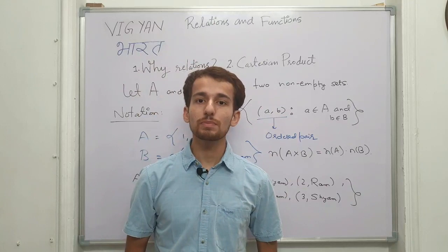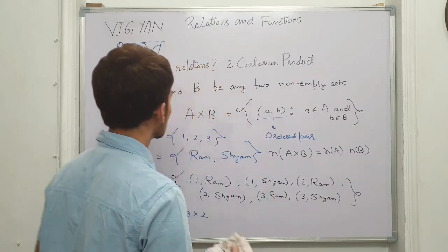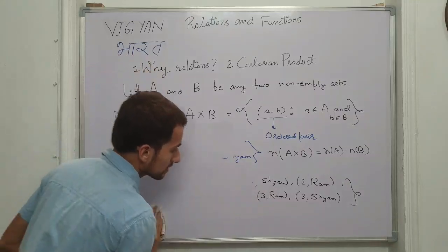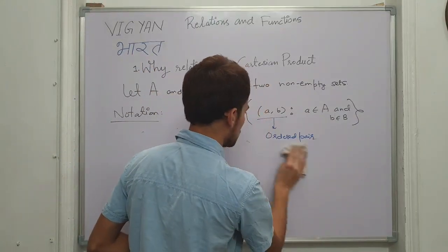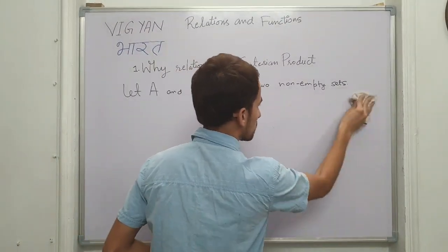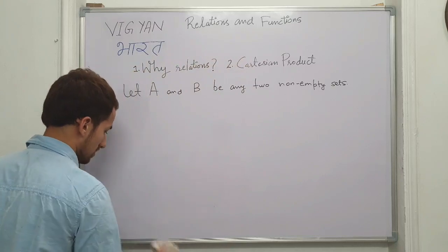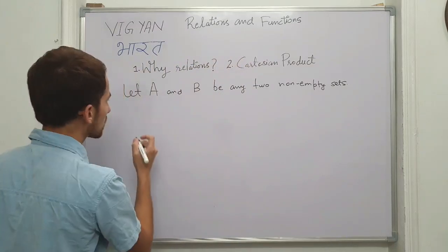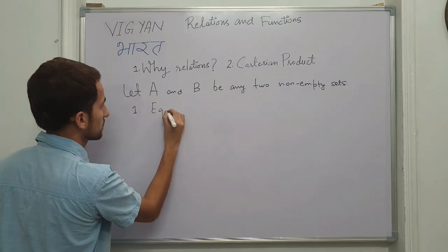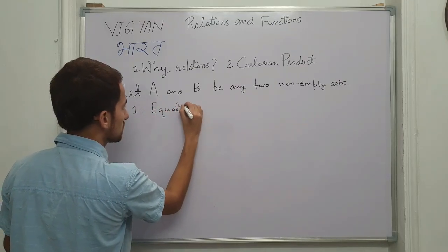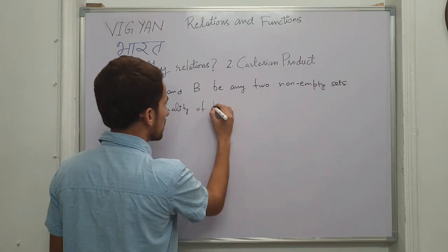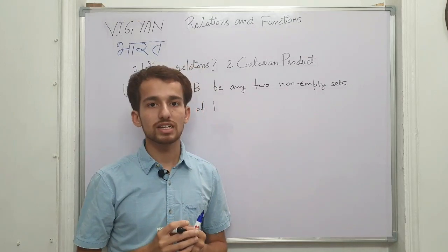Now let's discuss some special cases of the Cartesian product. The very first case is the equality of two ordered pairs in the Cartesian product.